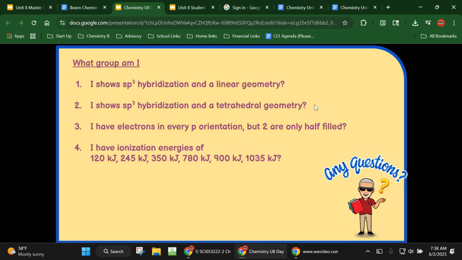No, because the noble gas would have been the first one, right? Taking away the first one. Thank you. Which one is the 780? Which ionization energy is it? Count them. Which one is it?